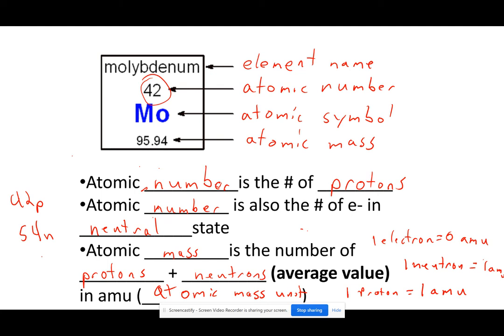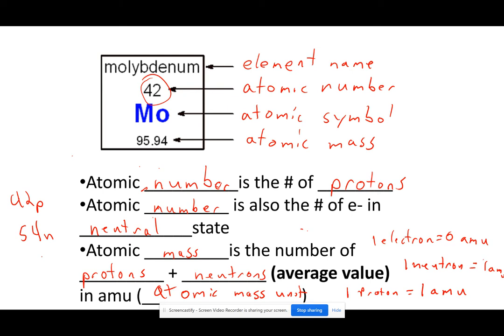It's very, very light. It has almost no mass. This is how we measure mass, and neutrons and protons, which are in the nucleus, have the bulk of the mass that you'll see, and electrons don't have much mass. That's why they can zip around so quickly.